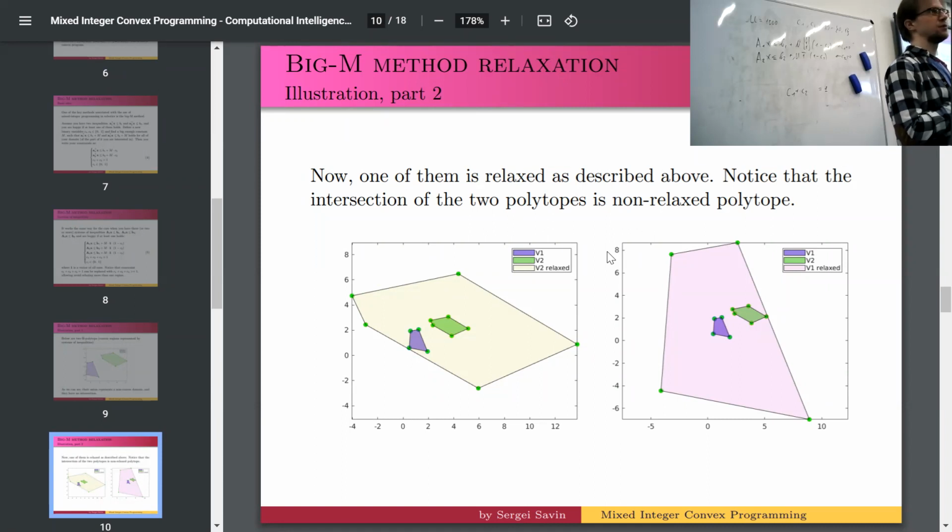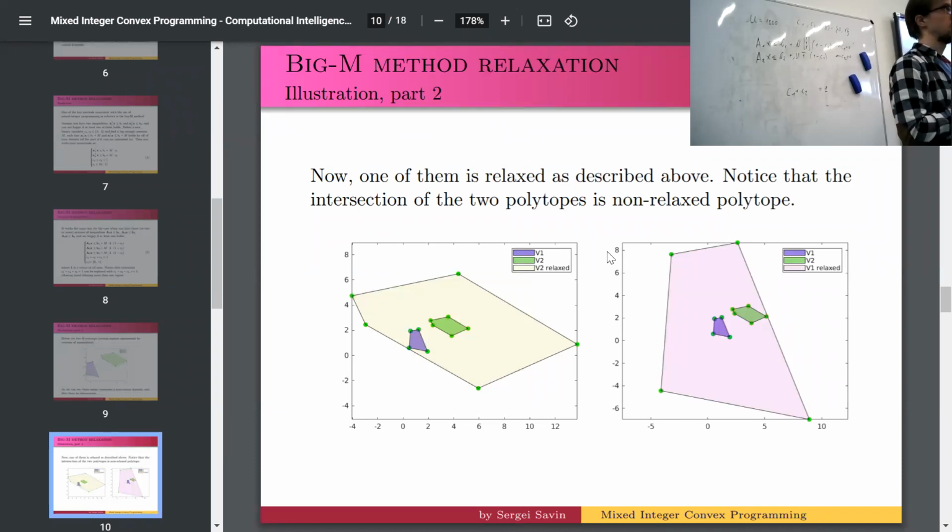That's exactly what we wanted. Now on the right, the blue region was relaxed. Again, the shape remained the same, only the size increased. And what else happened? Well, now the intersection between relaxed V1 and V2 is V2.